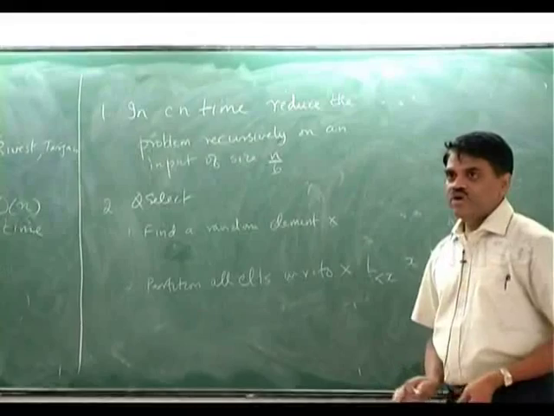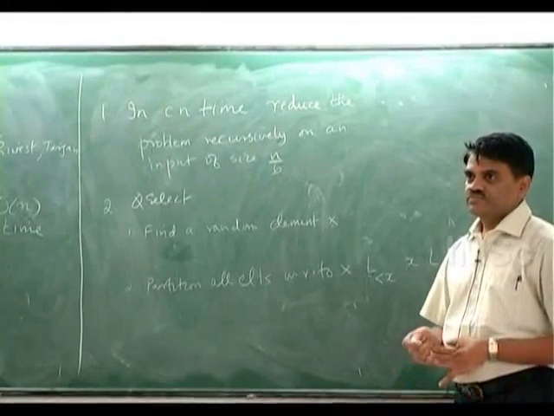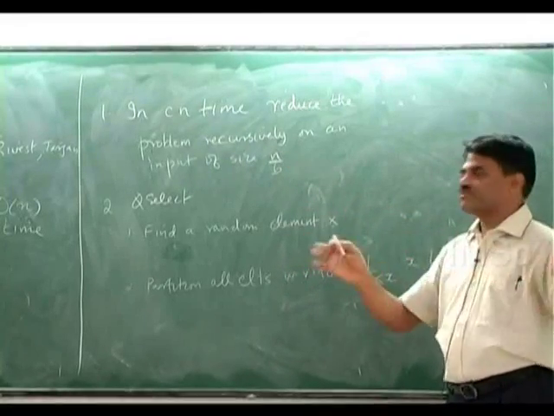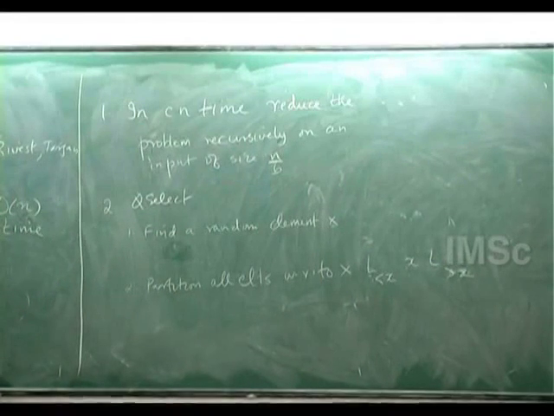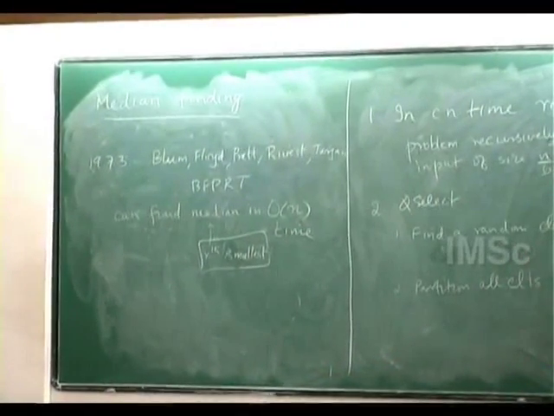So this is the next step. Now what should I do? What is the recursive step? I want to find the kth smallest element, meaning kth from the left in increasing order. So what should I do?